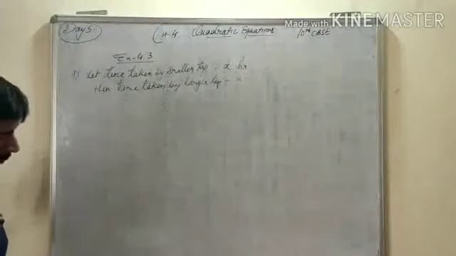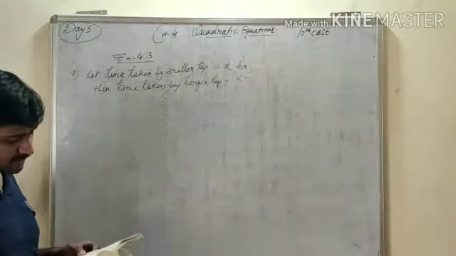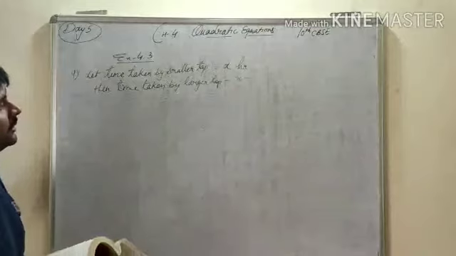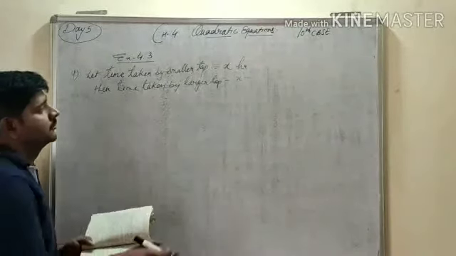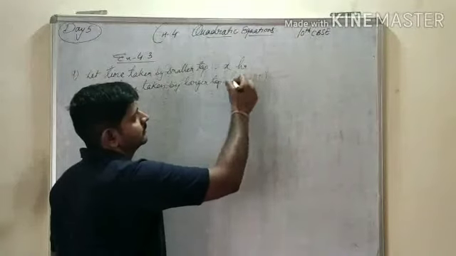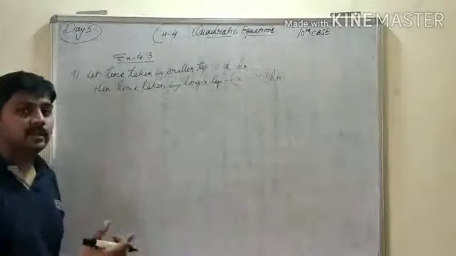I think we should exchange these. It is written that the larger diameter takes 10 hours less. So whatever time is taken by this, we will subtract. Because less is written, we will subtract 10 hours.